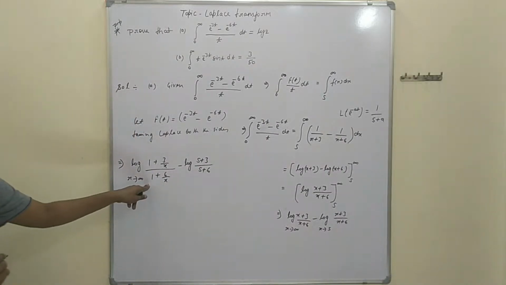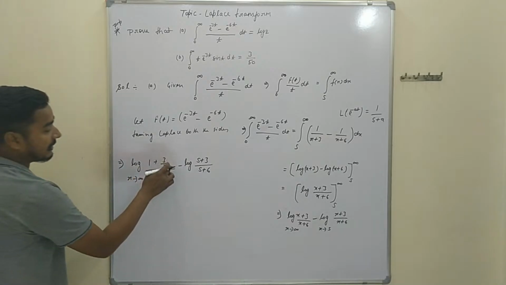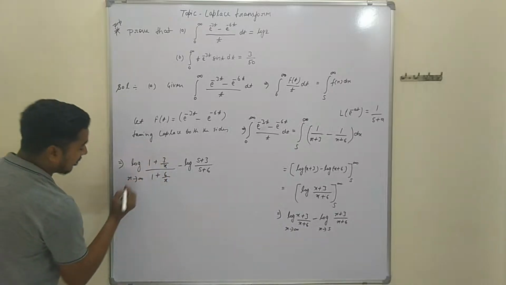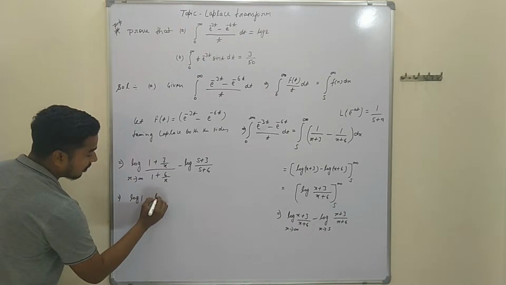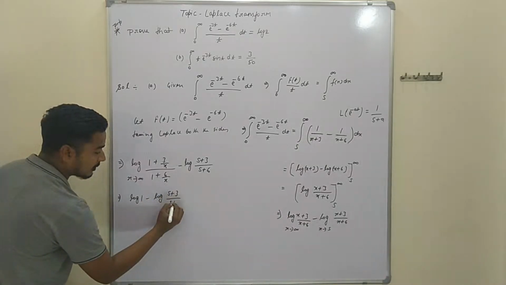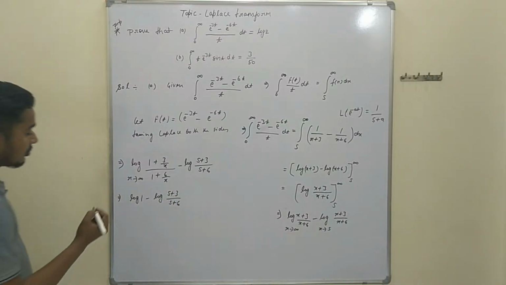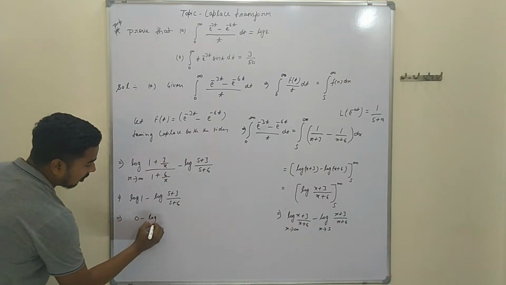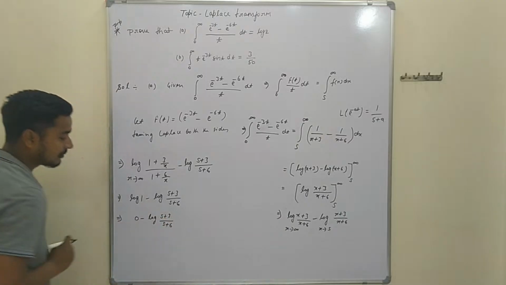And from here we put x tends to infinity. 1 upon infinity is 0, so remaining is log of 1 minus log of (s+3) upon (s+6). And we know that the value of log 1 is 0, so we have 0 minus log of (s+3) upon (s+6).